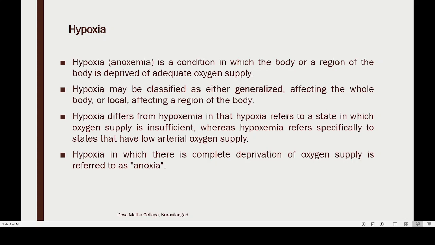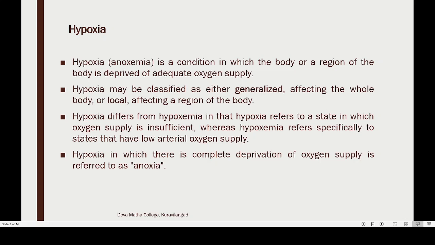Then there is another condition known by the name hypoxemia. Hypoxia differs from hypoxemia in that hypoxia refers to a state in which the oxygen supply is insufficient, whereas hypoxemia refers specifically to a state of low arterial oxygen supply.